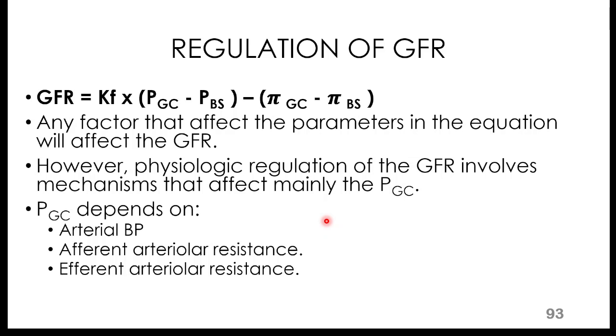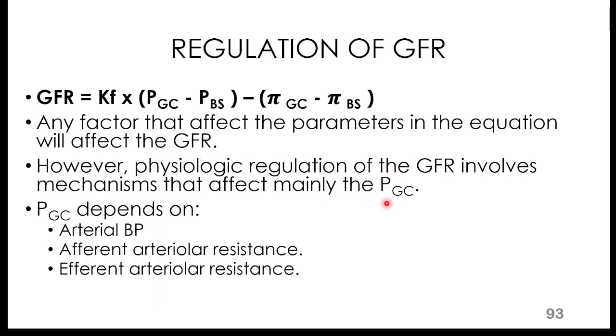Okay. Now, let's talk about regulation of glomerular filtration rate. From this equation, glomerular filtration rate equals filtration coefficient times the net filtration pressure. Any of these parameters that is affected will affect glomerular filtration rate. But physiologically, regulation of the GFR involves mechanisms that mainly affect the hydrostatic pressure within the glomerular capillaries.